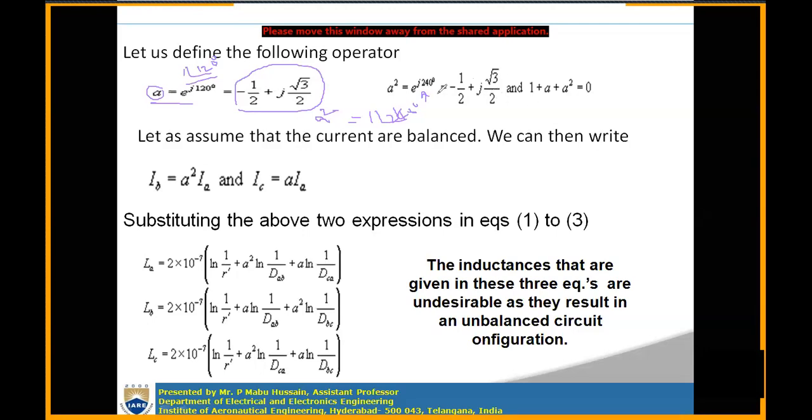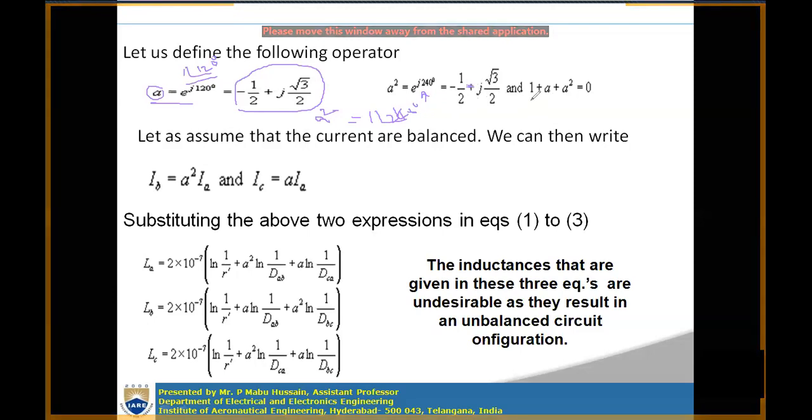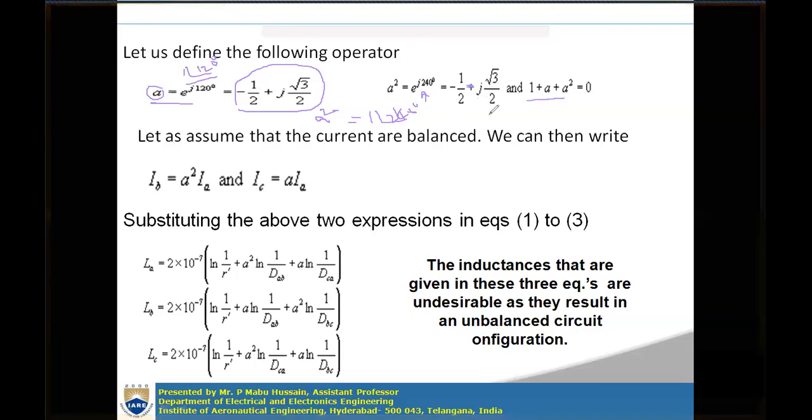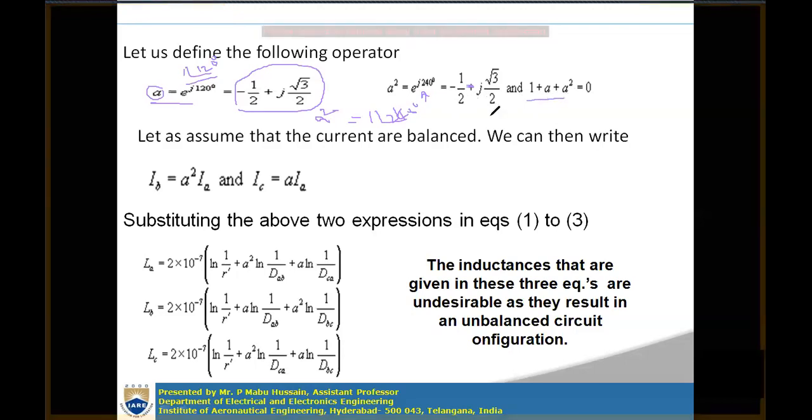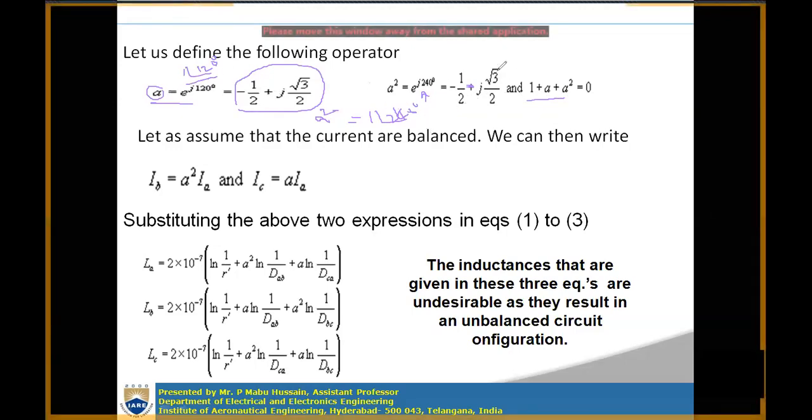So now you have got all these three. If you sum a plus a square, what do you get?